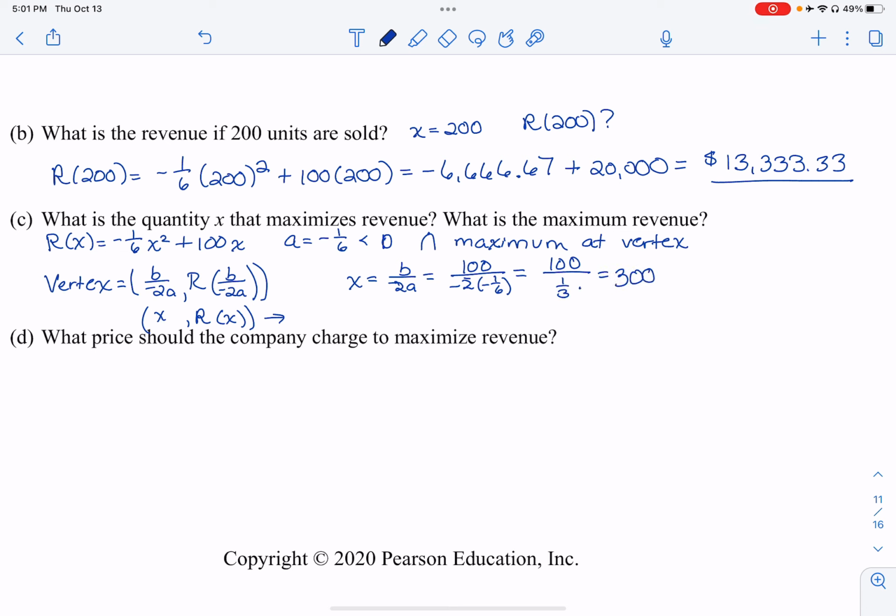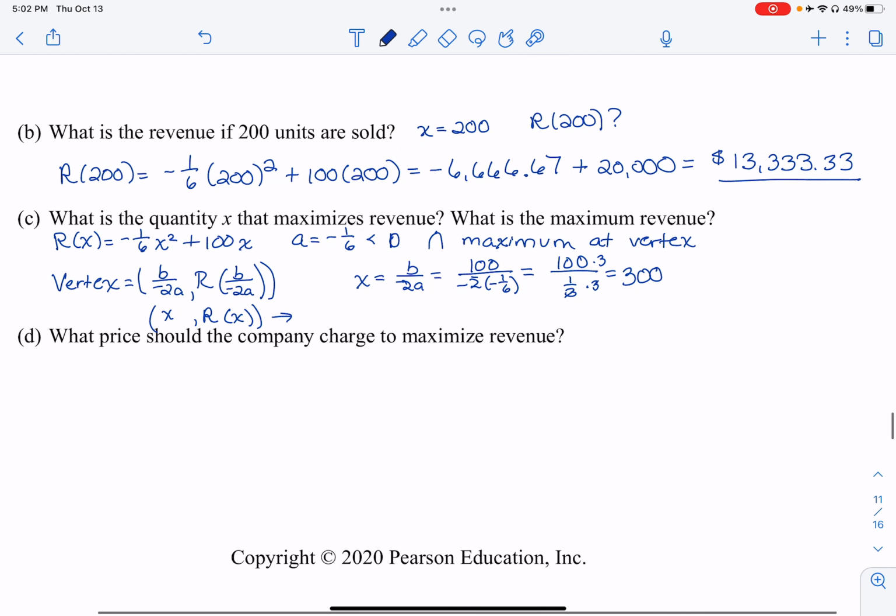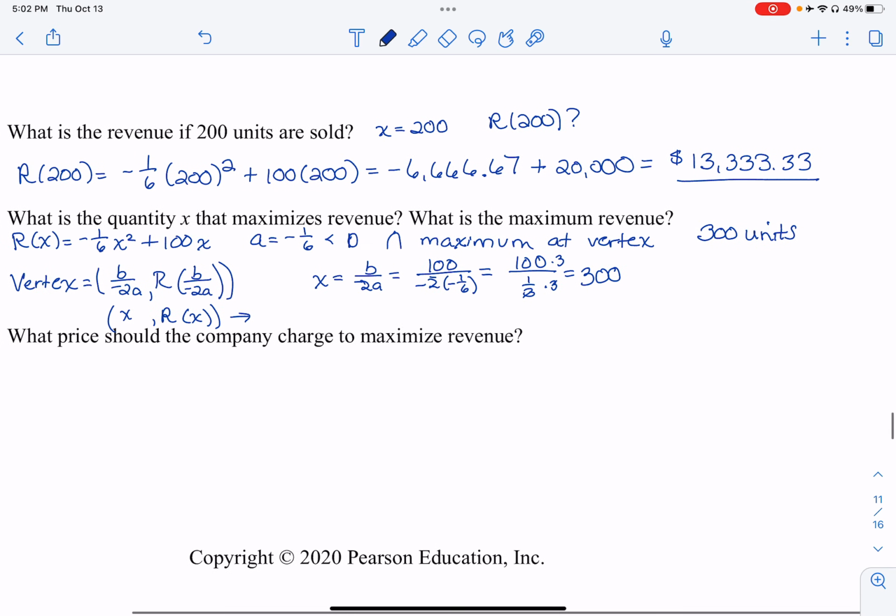If I multiply both top and bottom by 3, this will cancel out. So when we sell 300 units, that's our X value at the vertex.